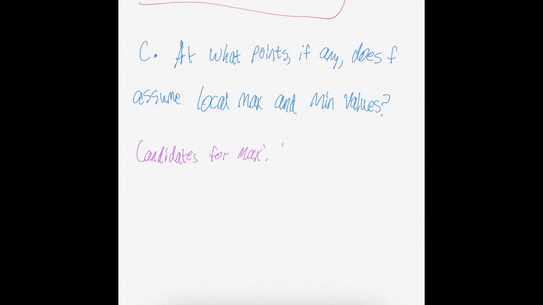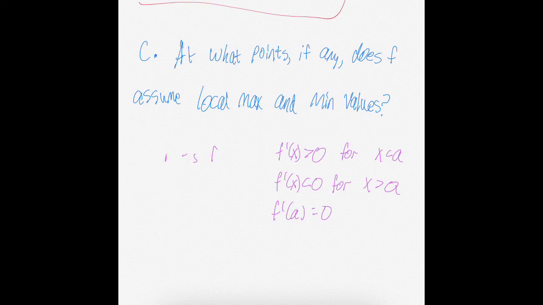Let's look at max first. So this is informal, but I'm going to write candidates for max. So this is going to be whenever f prime of x is greater than 0 for x less than a, and f prime of x is less than 0 for x greater than a, and f prime of a equals 0.